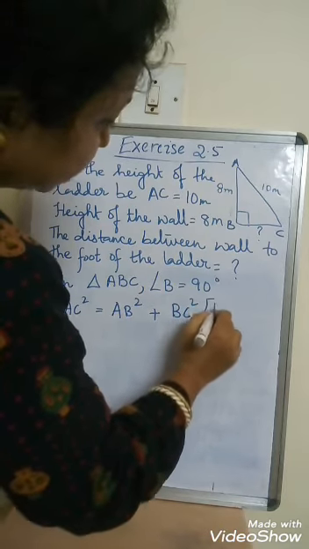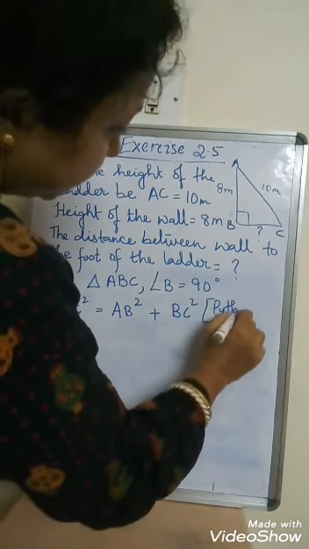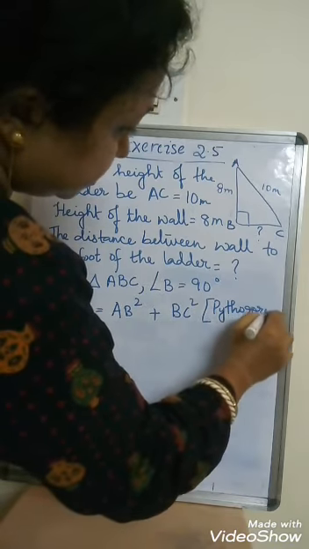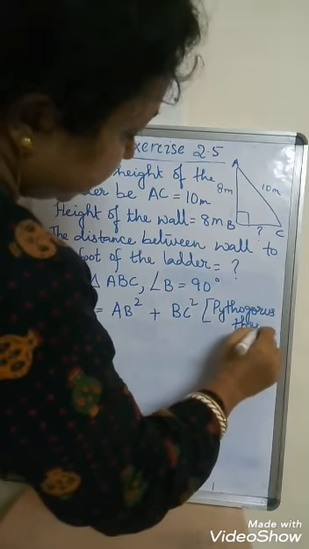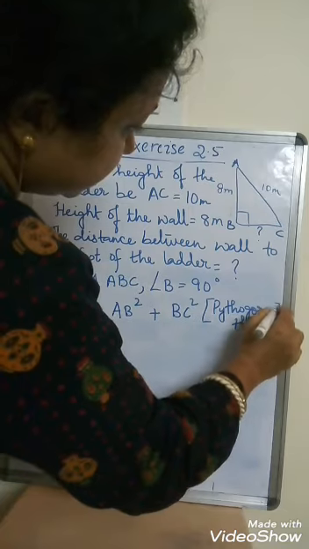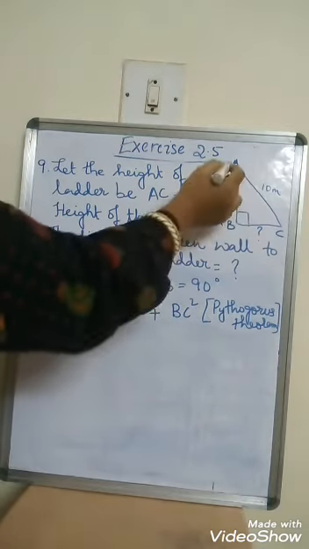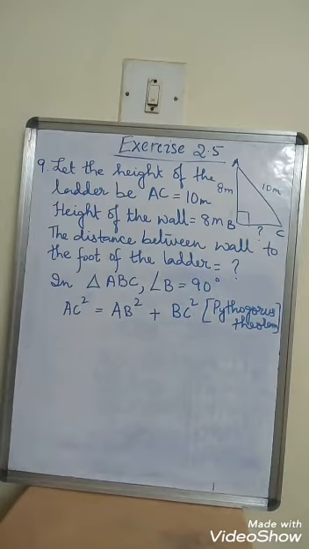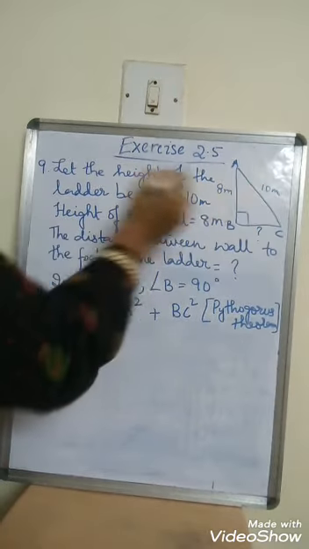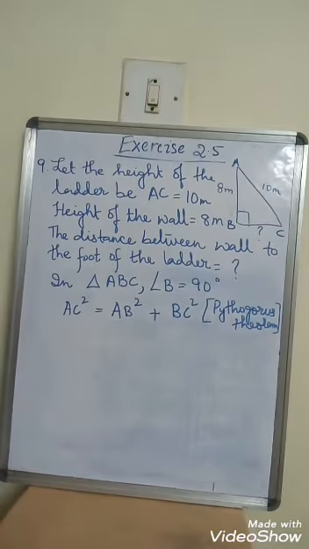This is Pythagoras theorem. Next is, now AC square and AB square is already given. Already we have assumed AC to be 10 meter and AB to be 8 meter.